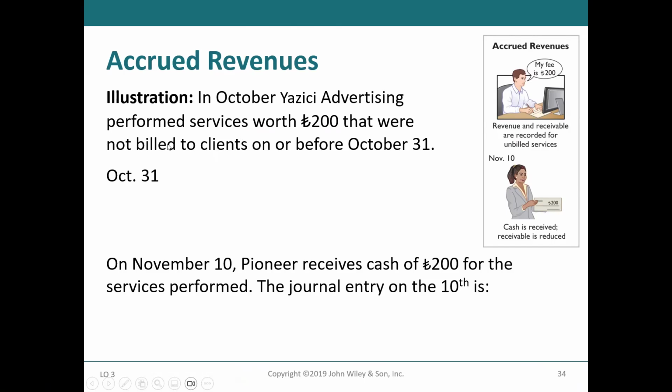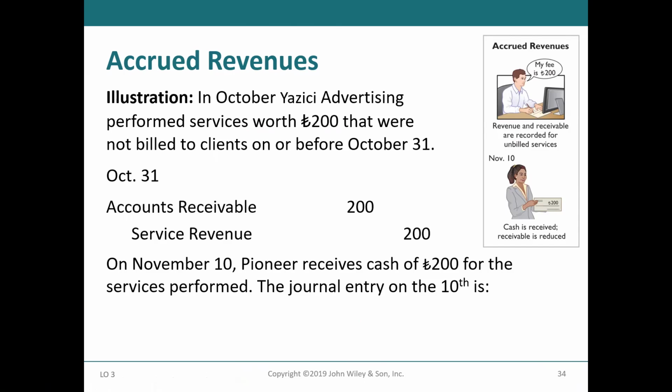Not billed means they have not sent the invoice to the customer yet. But they already performed the service, so at the end of October 31, we need to recognize the service revenue.